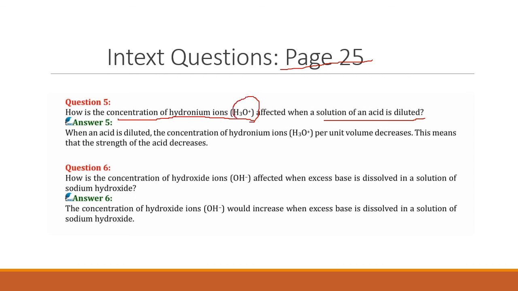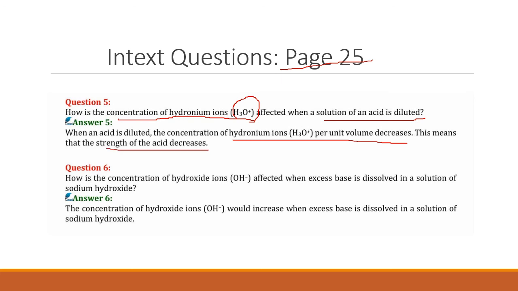So here children, when we dilute the acid, the concentration of hydronium ion per unit volume decreases, because now water is more and the number of particles of HCl is less, and hence the strength of the acid decreases.